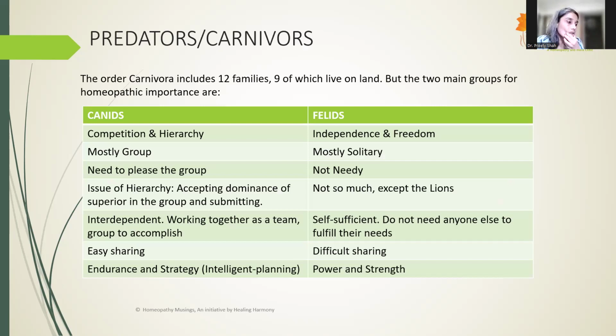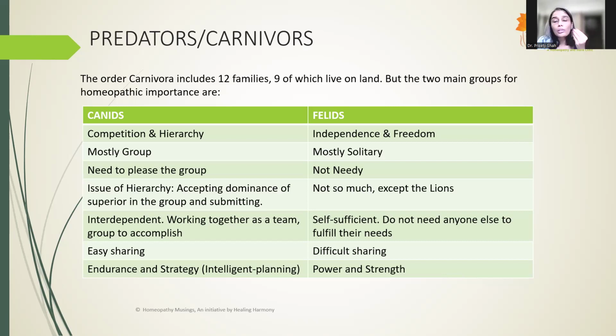One last thing that I wanted to talk about before we go to a case is the main difference between the Canidae family and the Felidae family. Within the predator group of mammals, the two strong predators are the Canidae.